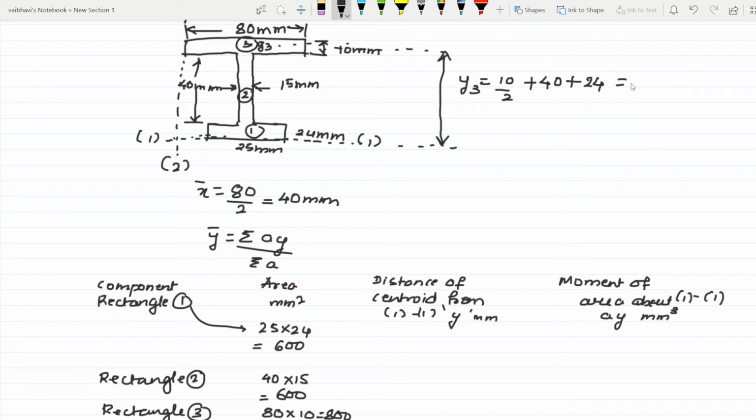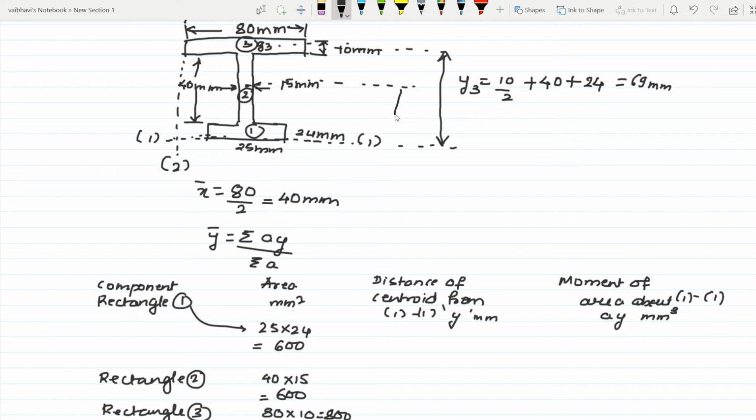So y3 will be 24 plus 40 plus 10 by 2, it is how much? 69 mm. Okay.